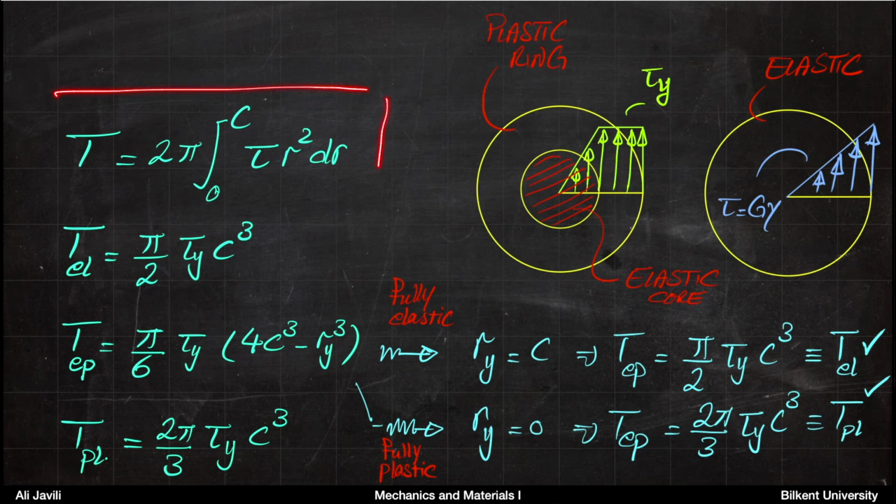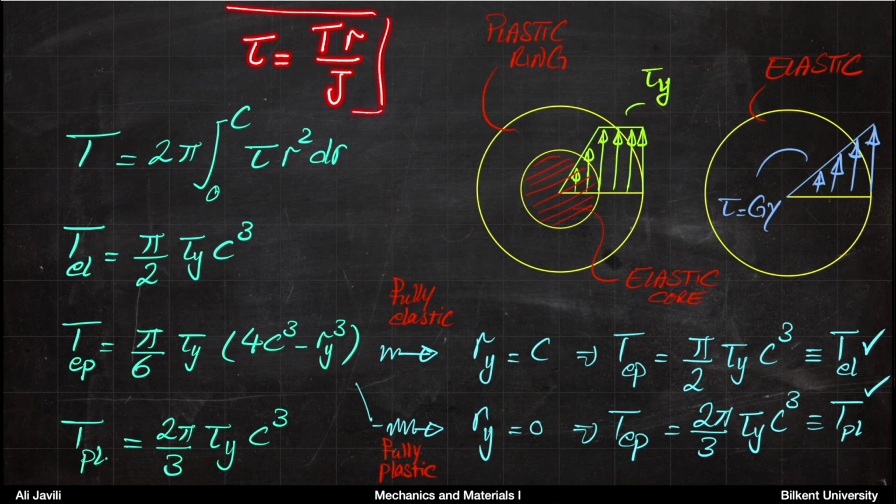The only difference is that in this case, we have a more complex relation, whereas if you remember from the previous lecture, we had something like TR over J. This was only for fully elastic, okay?